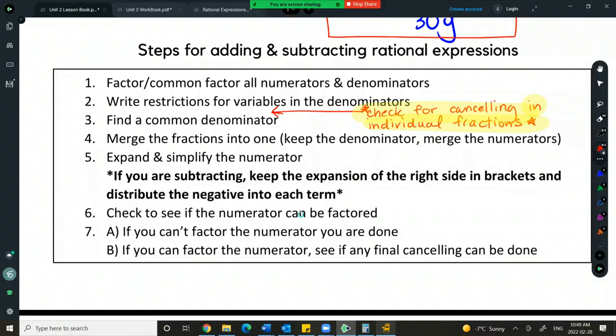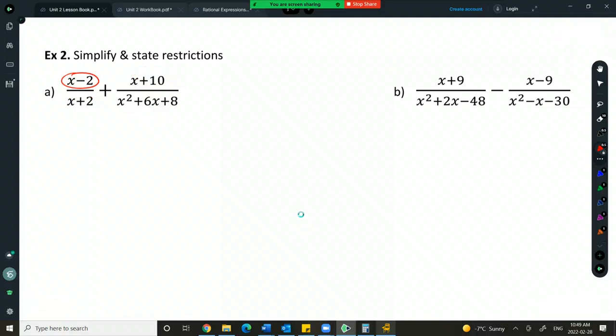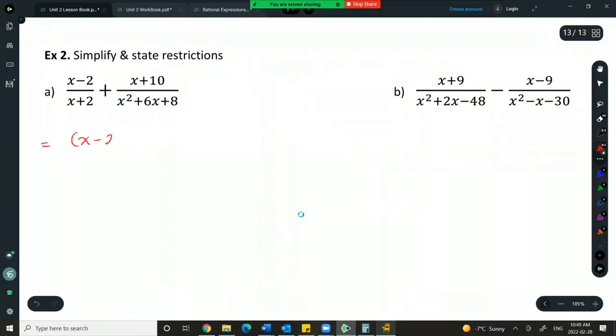So let's do a question together. As always, we will factor and common factor everything we possibly can. There's not too much factoring that can be done with each of these three, but we can factor this. So we're going to factor by finding two things that multiply to 8 and add to 6. What would that be? Okay, 4 and 2.